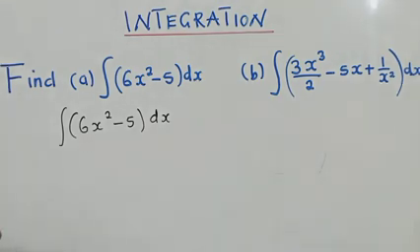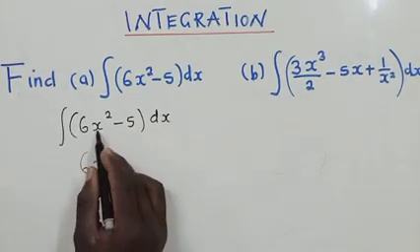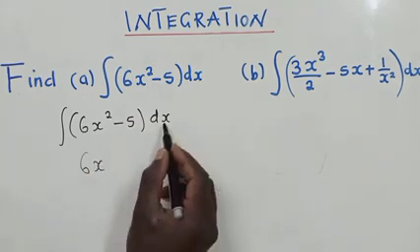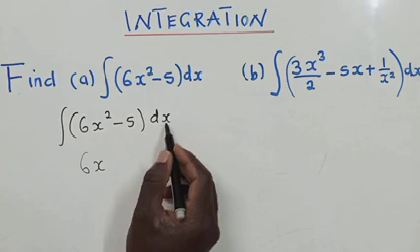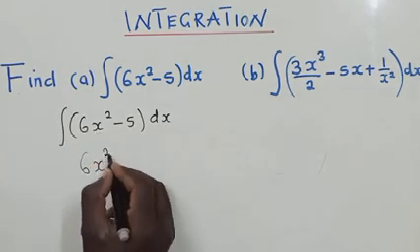There are very simple rules that you must take into consideration. Rule number one: check the powers where the letter that you are expecting is. In this case, x has the power 2.